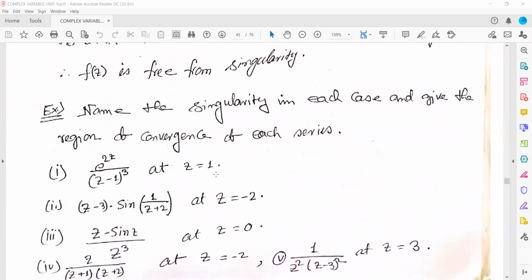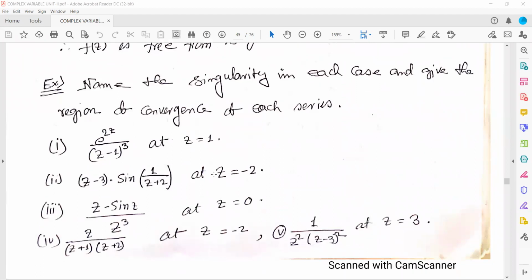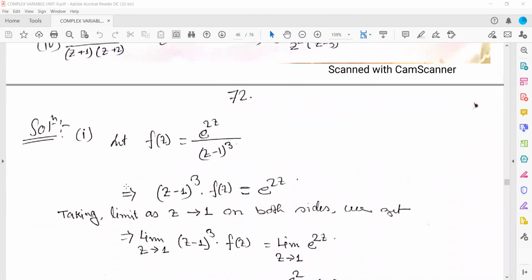So there are many problems here. You just go through that one. Name the singularity in each case given the region of convergence at each point. So f(z) is given and the points are given at which you need to check its singularities. Just I'm showing one. f(z) = e^(2z)/(z-1)³. So this can be written like this also. Cross multiply this one.